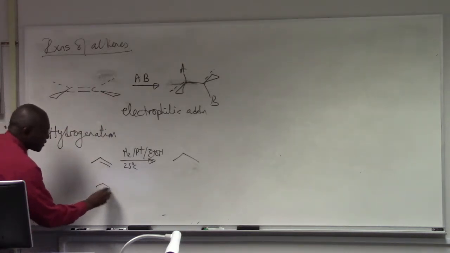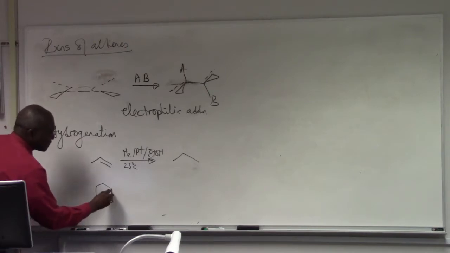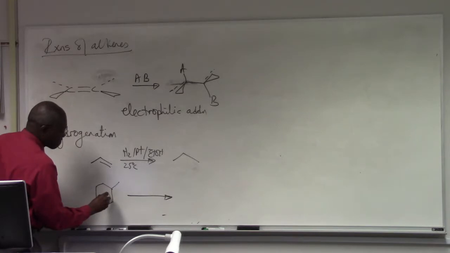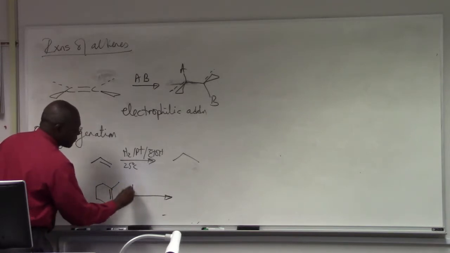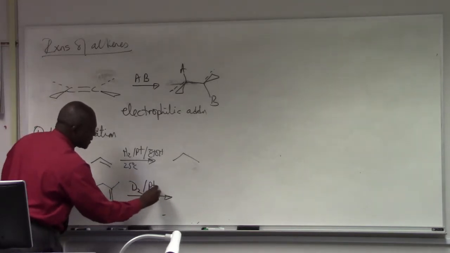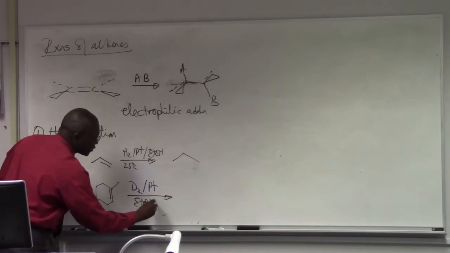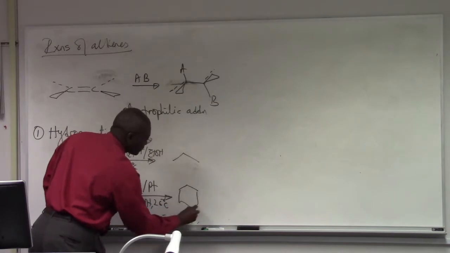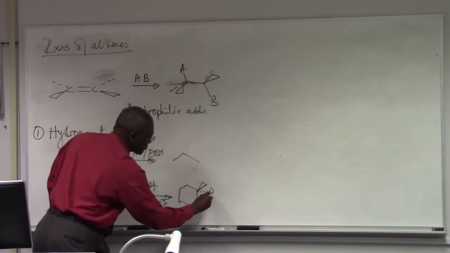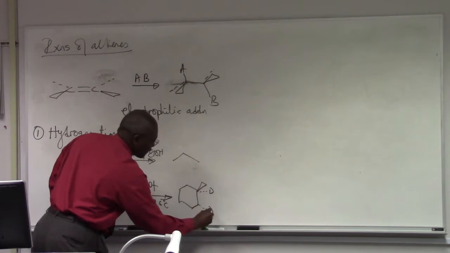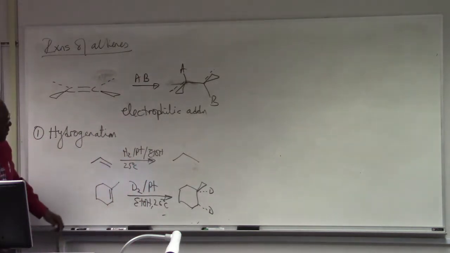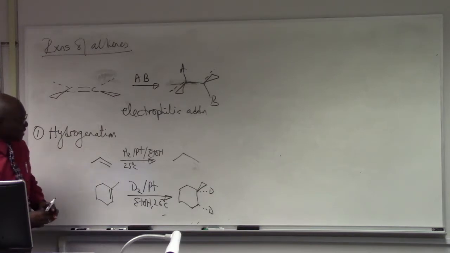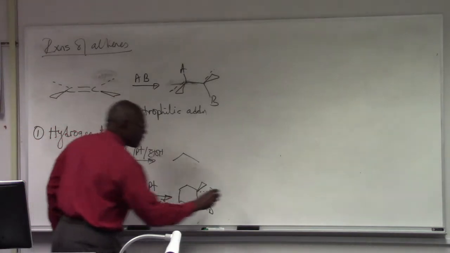That's kind of important because if I take, let's say, I have this compound, and I treat that with, say, D2 and platinum in ethanol at 25 degrees Celsius, what my product will be is where the two D's are going to add from the same side, and that creates stereochemistry in the molecule.